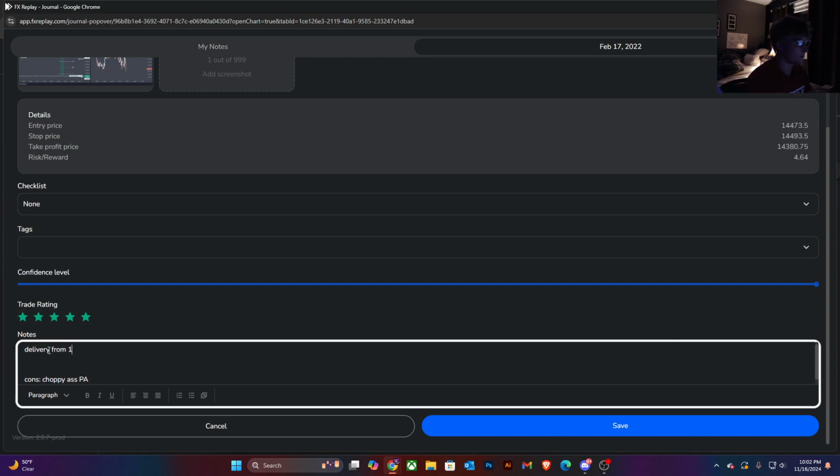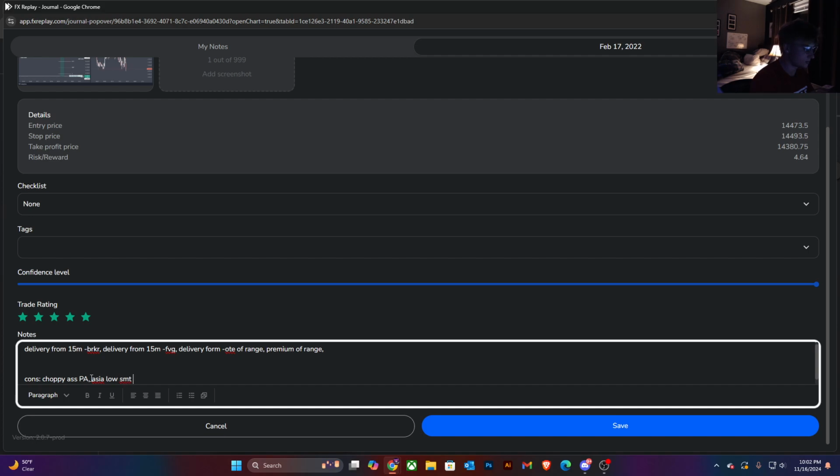Rejection from 15-minute bearish breaker. Bearish fair value gap from bearish OTE of the range. Premium of the range. Choppy ass PA.